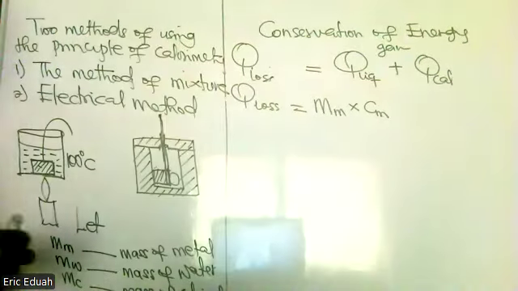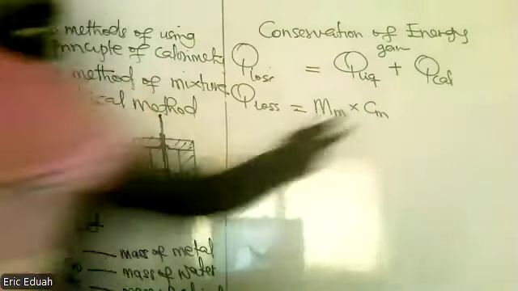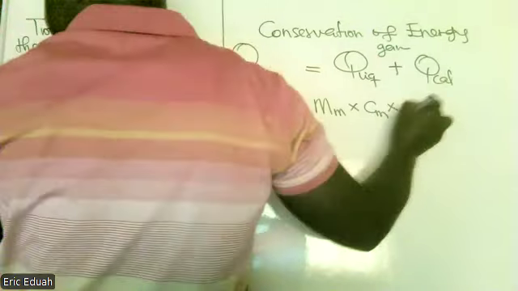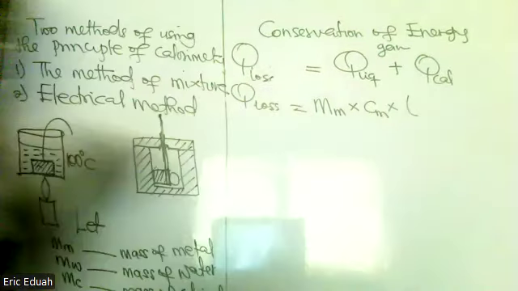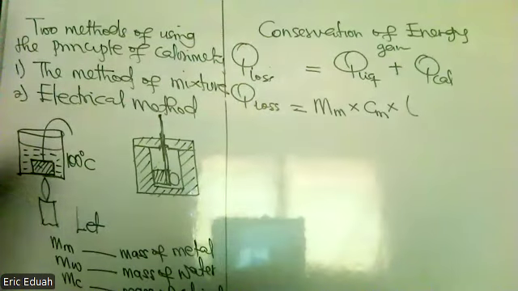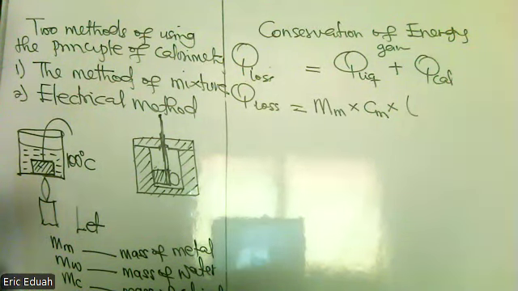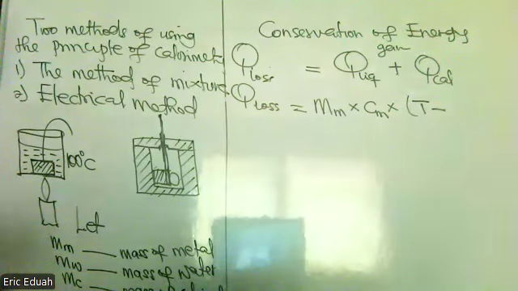Okay, so mass of metal times specific heat capacity of metal times the change in temperature. The change in temperature is the initial temperature of the metal, which is capital T, minus the temperature at equilibrium, the final temperature of the mixture, which is T2.